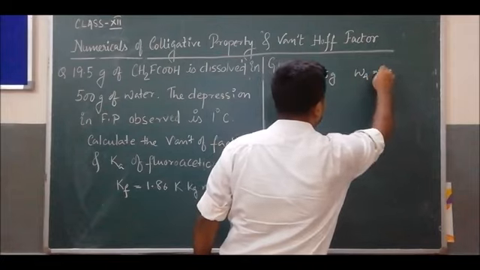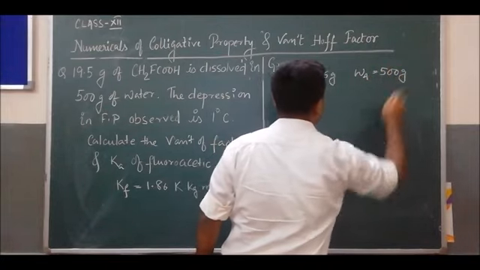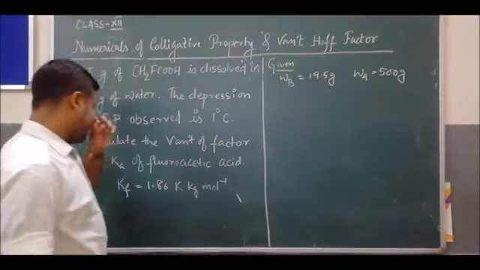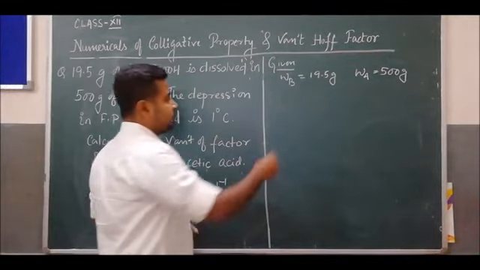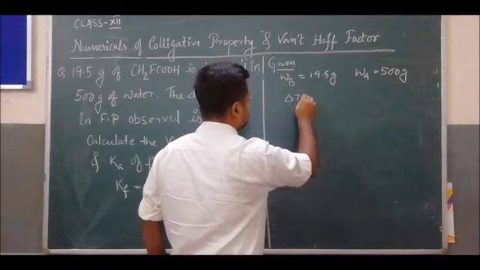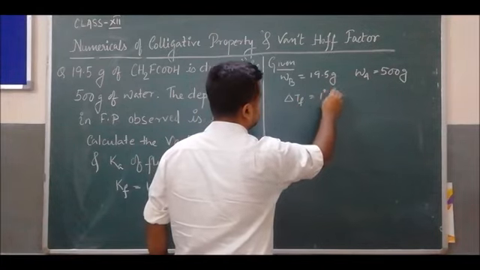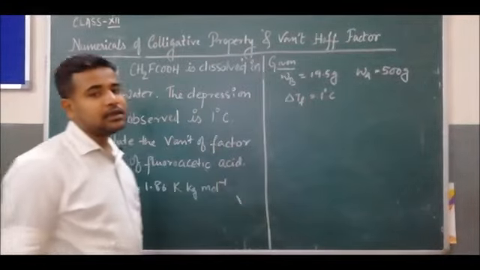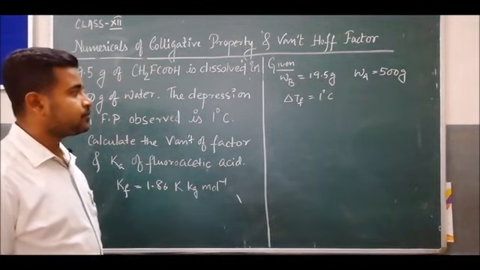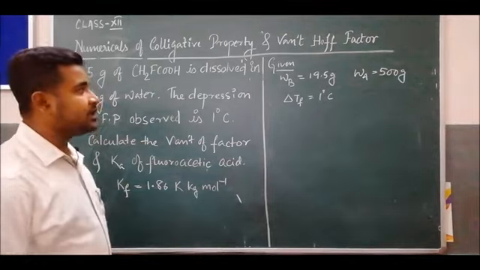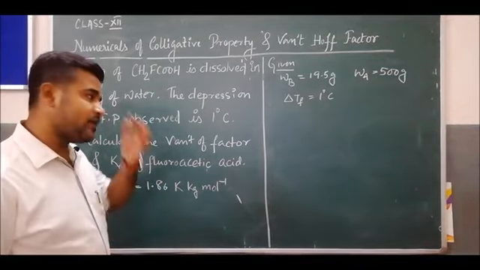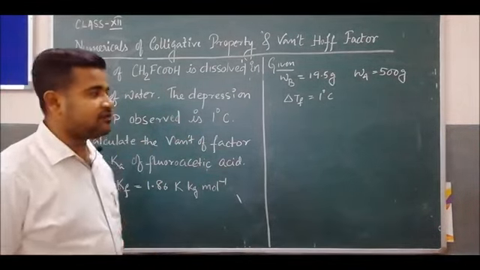Next, the depression in freezing point is 1 degree Celsius, meaning delta TF is equal to 1 degree Celsius. Clear? So first of all we will find out the molality and then we will find out its I value.